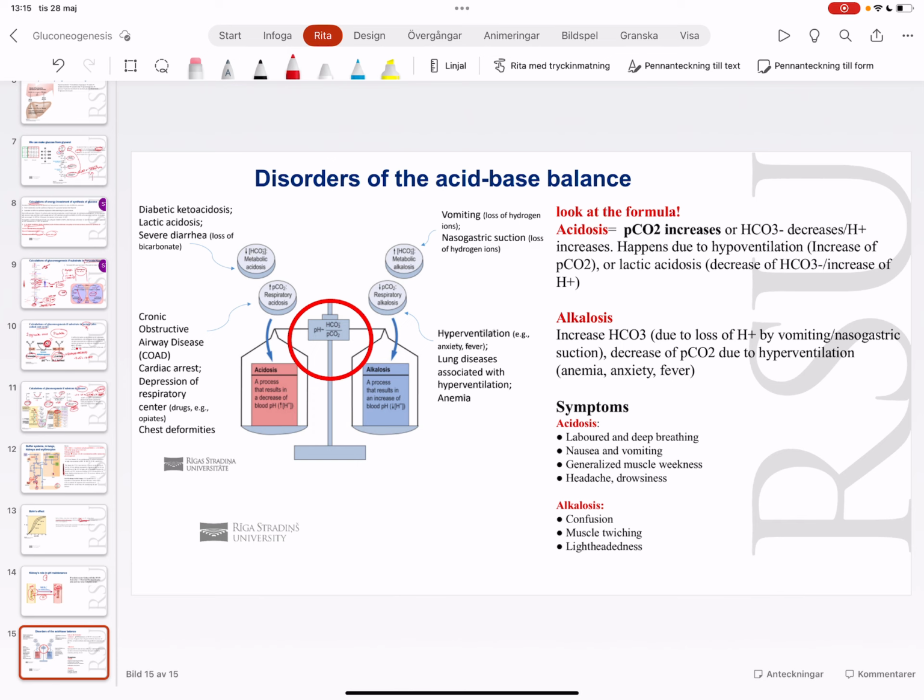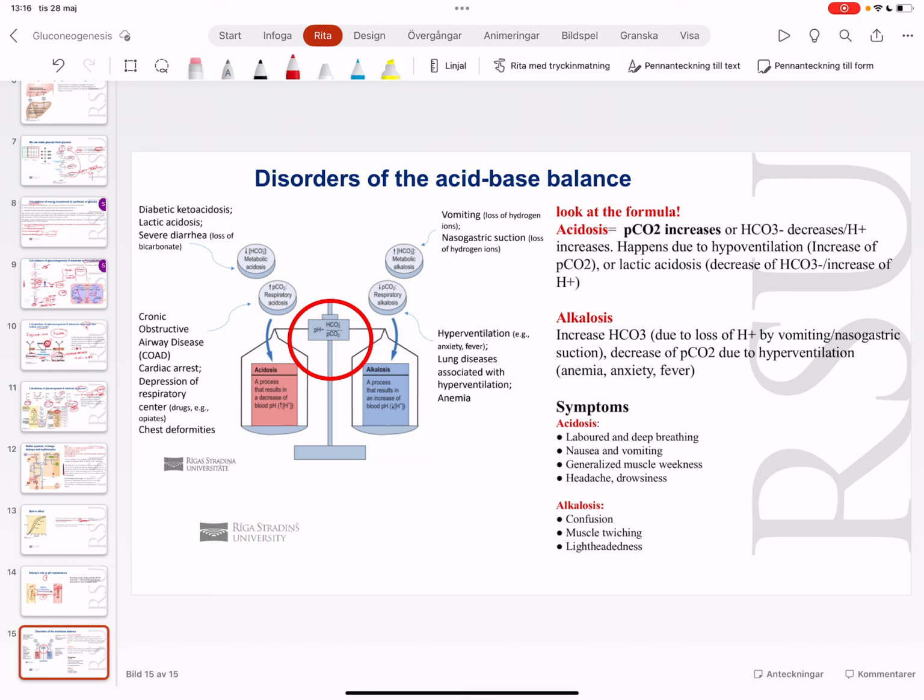Okay, so disorders of the acid-base balance. First and foremost, look at this formula right here. Acidosis means that there is a decrease in pH.